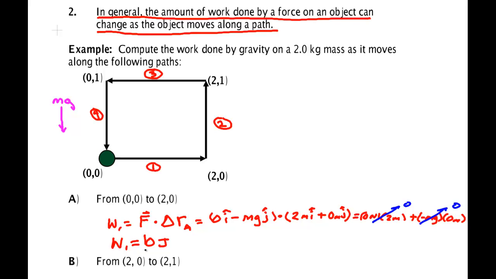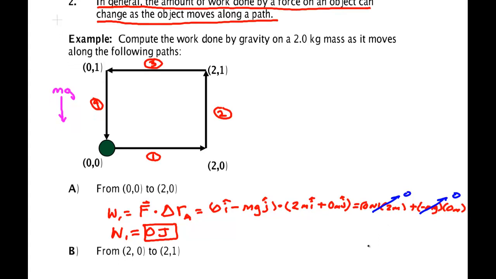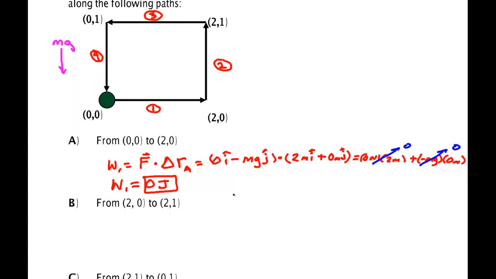So gravity doesn't speed up or slow the ball down on this part of the path. Let's go to the next path. In the next part of the path, we do exactly the same thing. In this case, we have 0 i hat minus mg j hat.